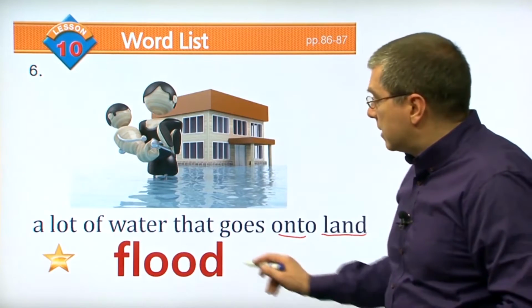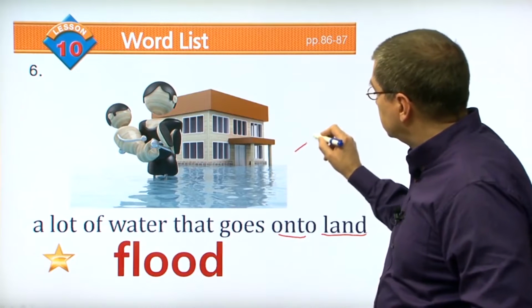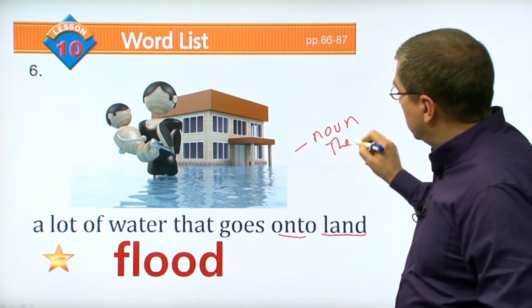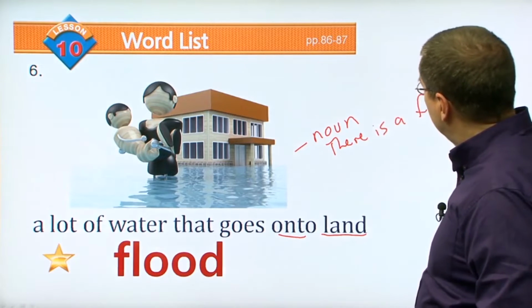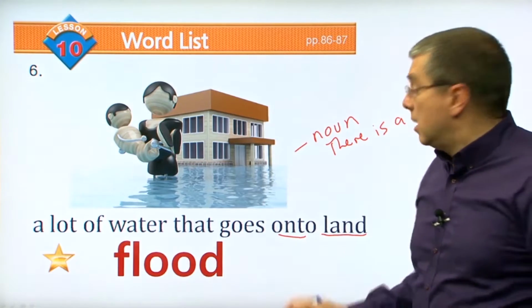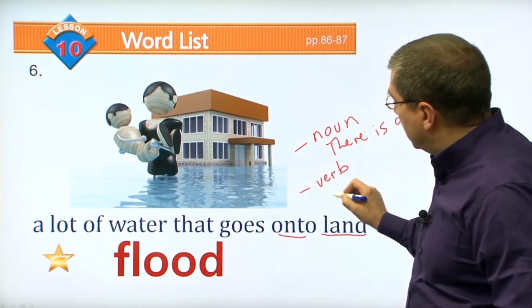Now, by the way, flood can be used as a noun. For example, there is a flood. That's a noun. There is a flood. But flood can also be used as a verb.